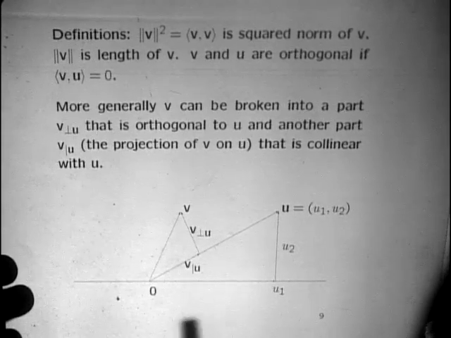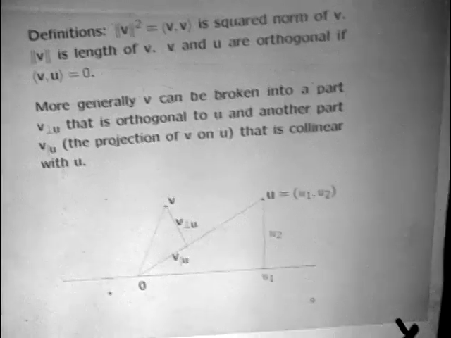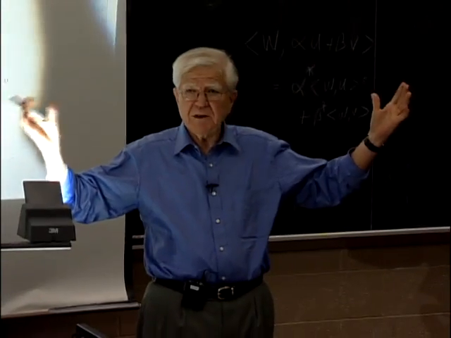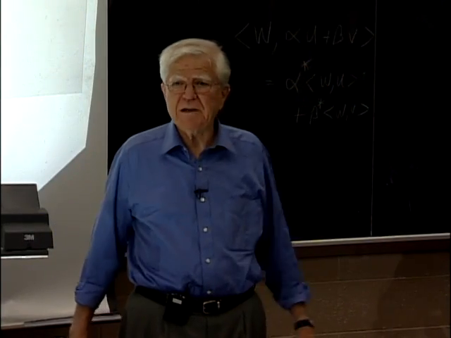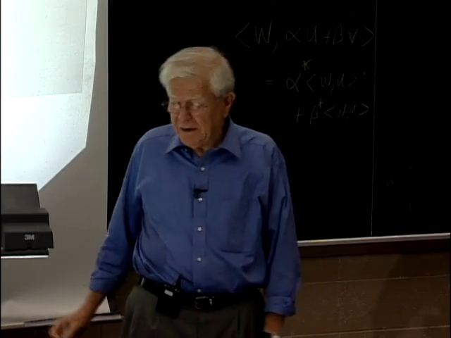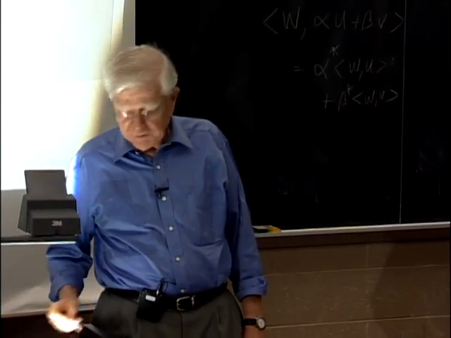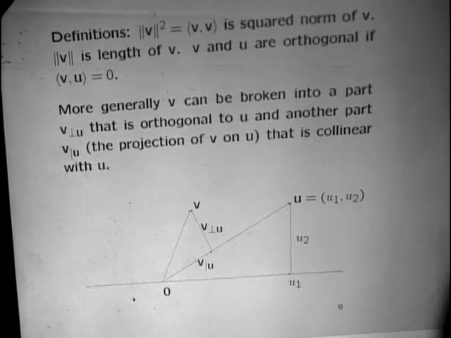Okay, and this theorem says in any old inner product space at all, no matter how many dimensions you have, infinite dimensional, finite dimensional, anything, if it's an inner product space on either the scalars R or the scalars C, you can always take any old two vectors at all, and you can break one vector up into a part that's collinear with the other and another part which is orthogonal.